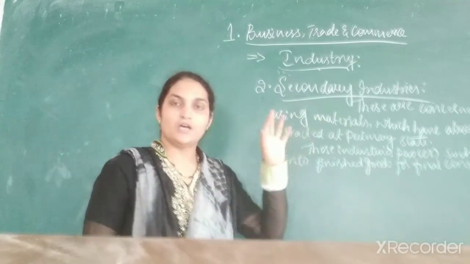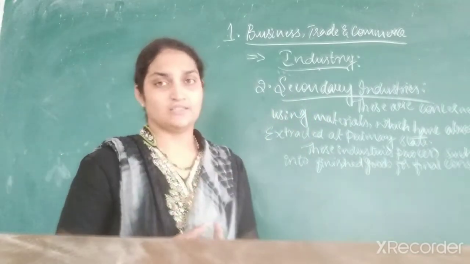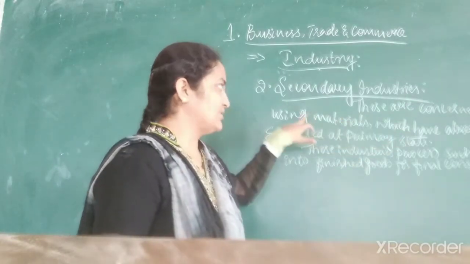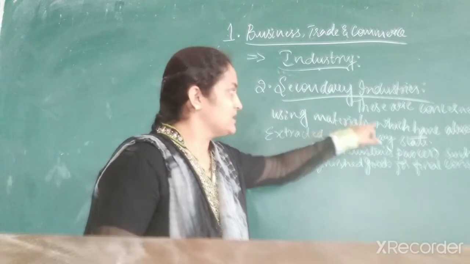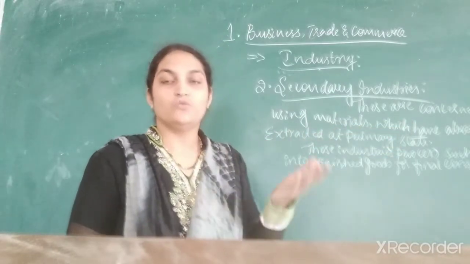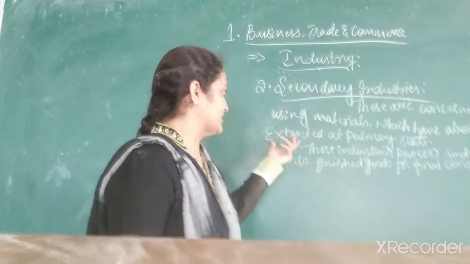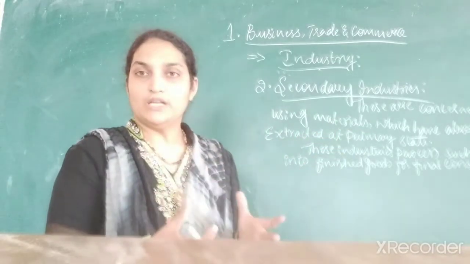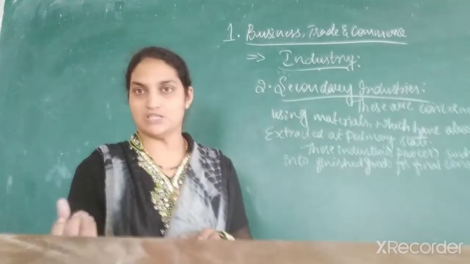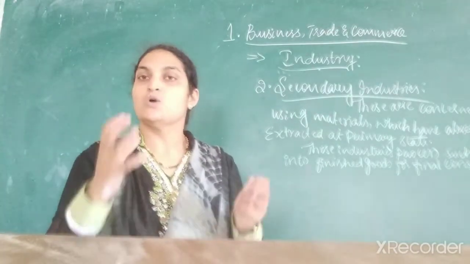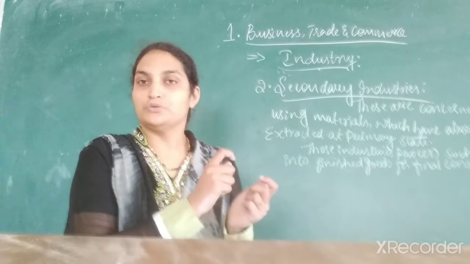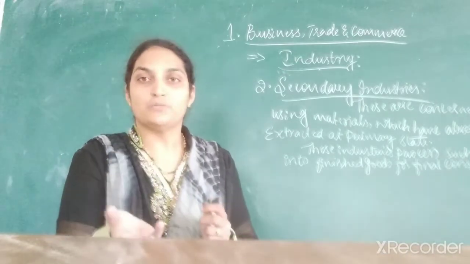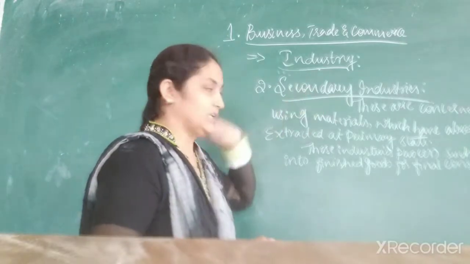These are the industries which are concerned with using of materials which have already been extracted from the primary state. Whatever raw materials we have got from the primary industries, they are going to use for further conversion or further production, which is called secondary industries.